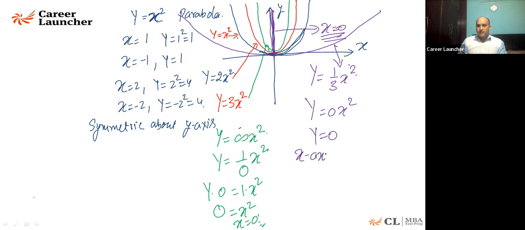It represents x-axis. So y is equal to 0 is nothing but x-axis. I hope you know everything about y is equal to x squared, how it behaves.